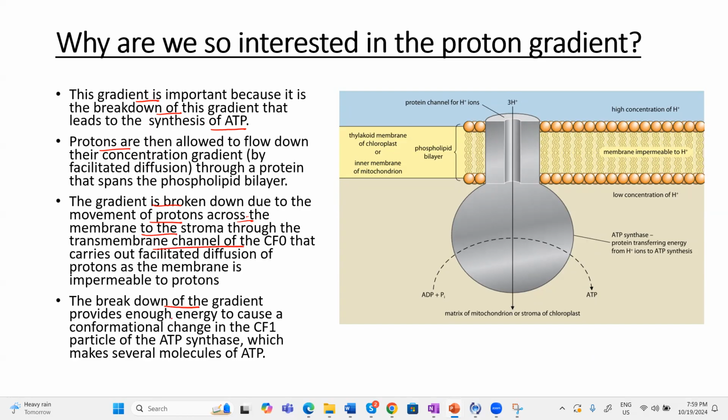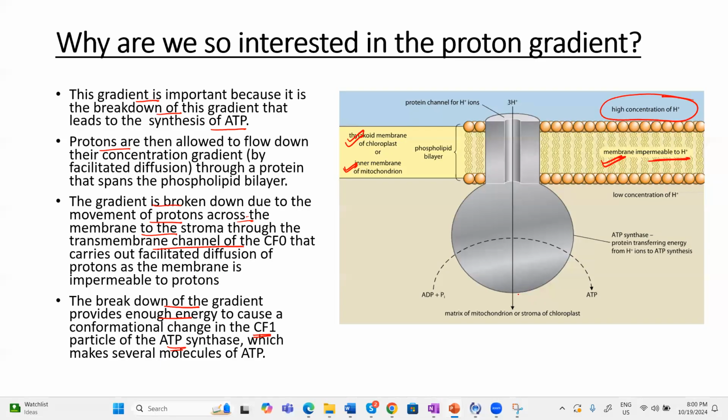The breakdown of the gradient provides energy to bring about the change in F1, where the ATP synthase is present. You can see here, this is either the thylakoid membrane or the inner membrane of mitochondria, where F0, F1 or CF0, CF1 is present. Here is a higher concentration of protons. This membrane is impermeable to protons.